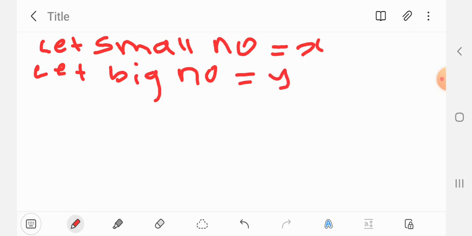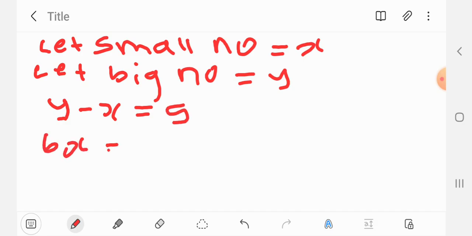Okay, and then they say 6 times the small number is equal to 4 times the big number. Before we do that, they said the big number minus the small number equals 5, and then they say 6 times the small number equals 4 times the big number.